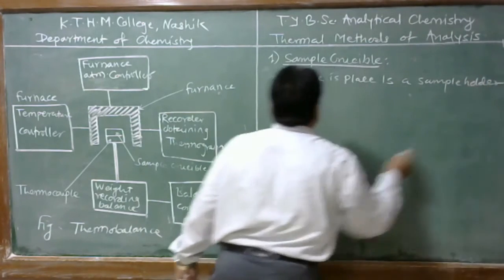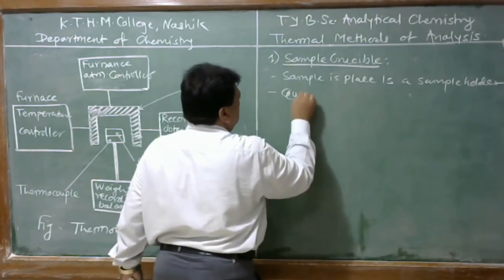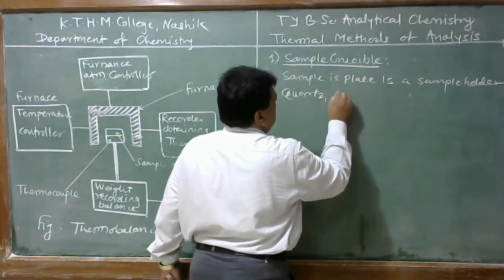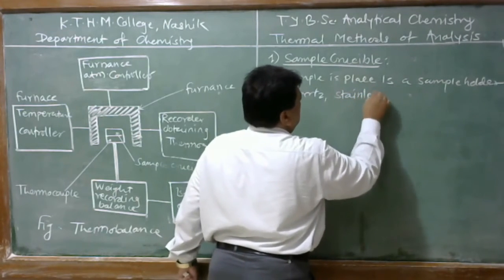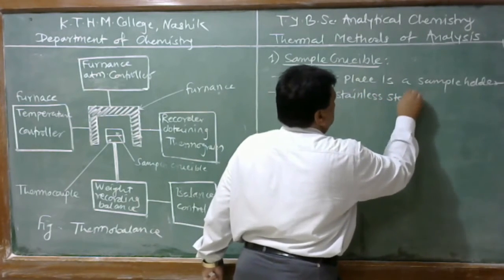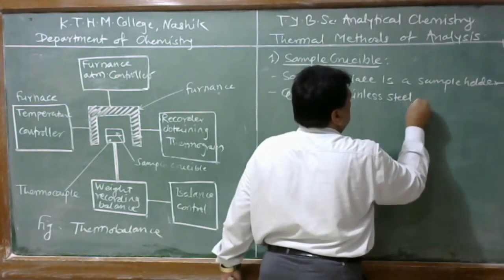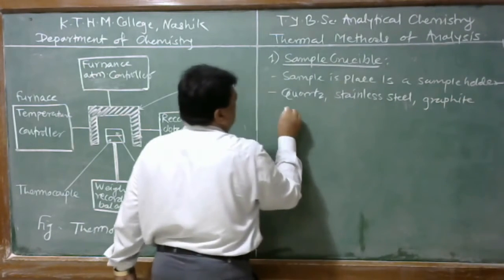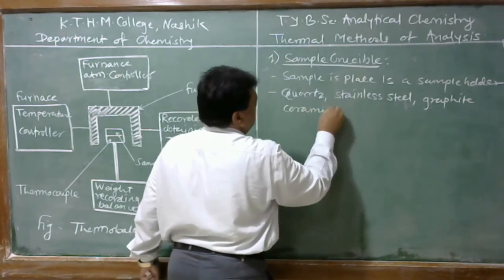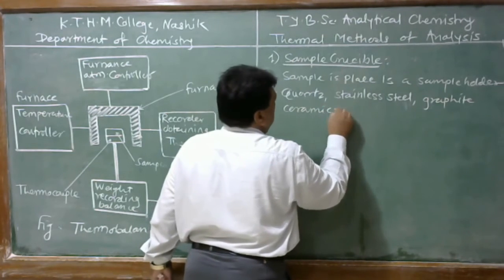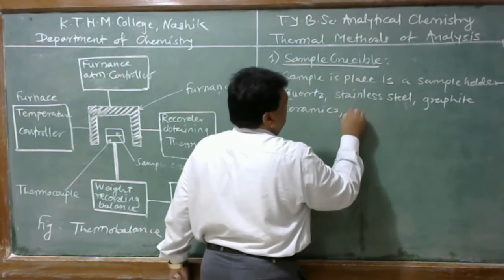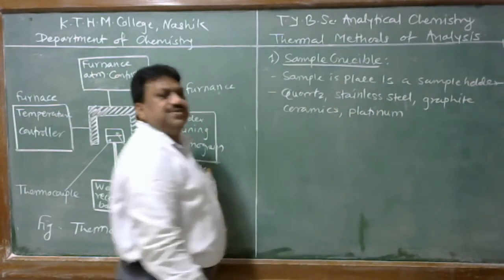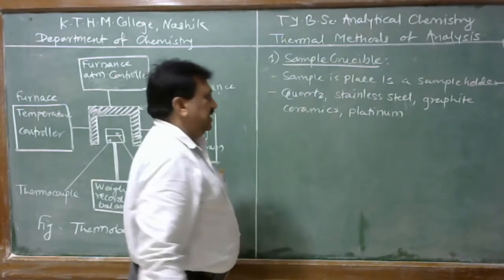This sample holder may be made up of quartz, silica, stainless steel, graphite, sometimes ceramic material, or sometimes platinum metal may be used for construction of this sample cell.